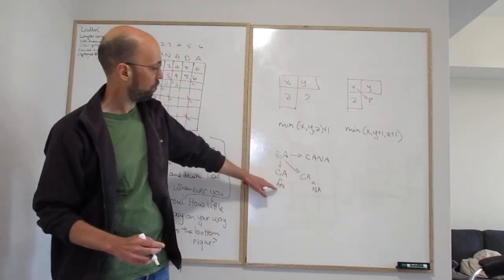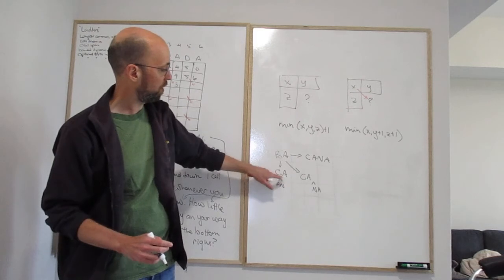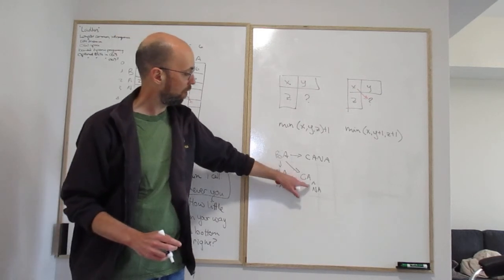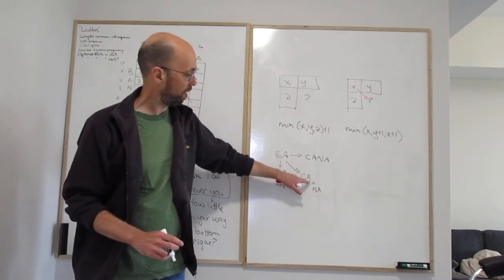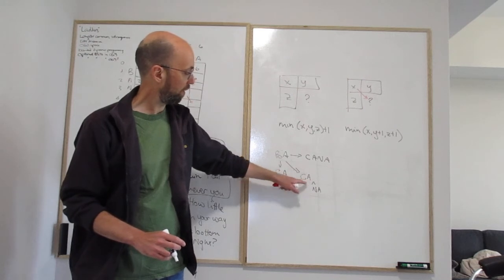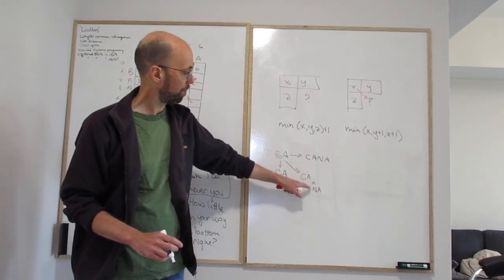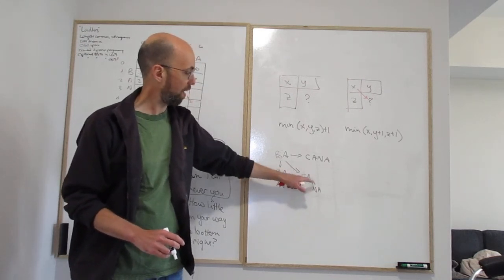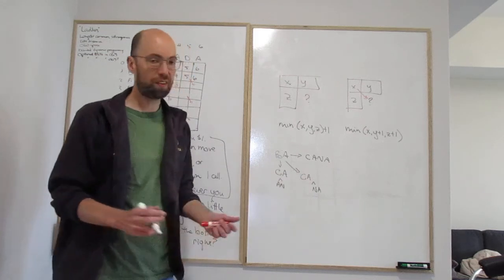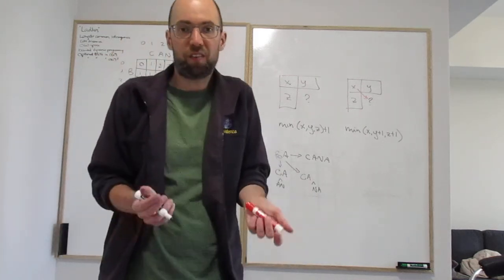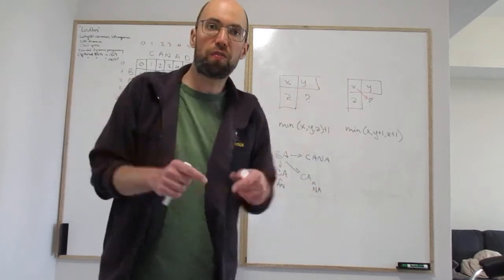So I can either insert AN between the C and the A, or I can leave this A alone. Well, I can insert an N and an A afterwards. So it's the same, right? It gets me the same place, but it's two different routes.